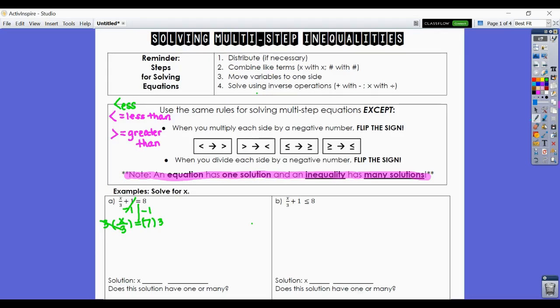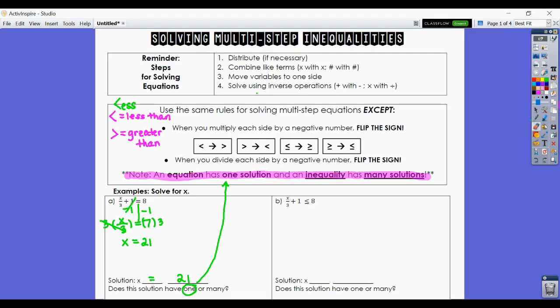So we multiply by 3 on each side. That cancels out the division of 3, giving you just x on the left. And 7 times 3 equals 21 on the right. When x equals 21, that's the only option for the solution, so we call that one solution. And again, up here, an equation has one solution.